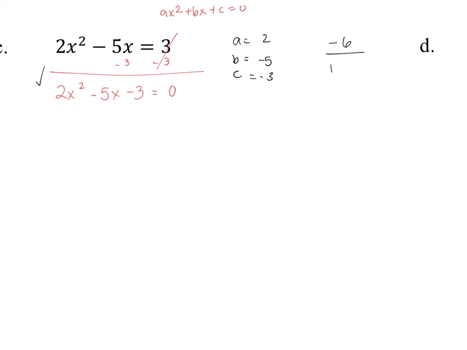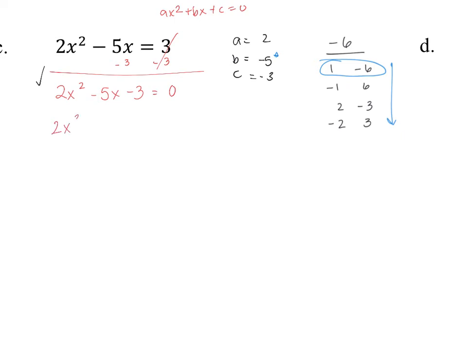What I mean by that is 1, -6, -1, 6, 2, -3, -2, 3. And those are all my factor pairs of -6, okay? Now, I need to look at my factor pairs and see which one of these adds up to give me a -5, okay? In this case, 1 and -6 will get me a -5. So now that I've chosen my factors, I'm going to go ahead and plug them back in.